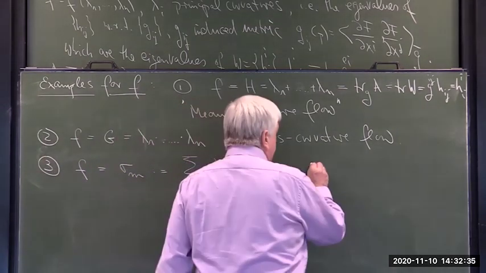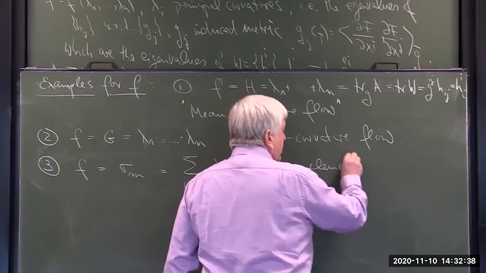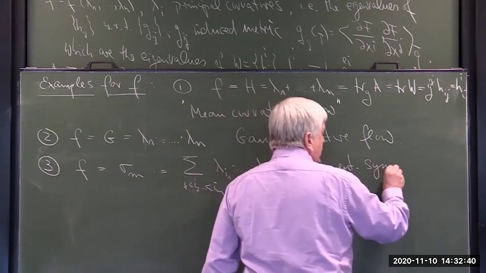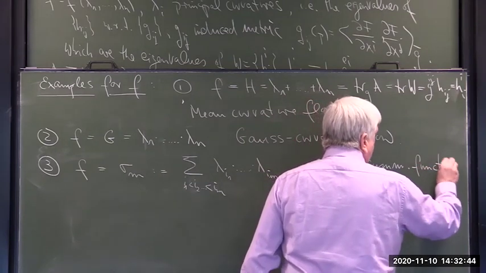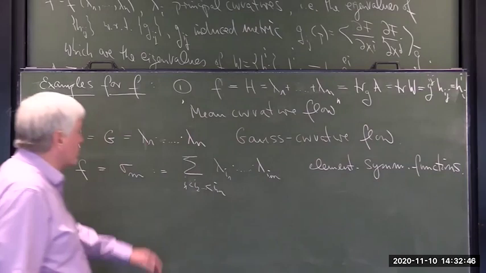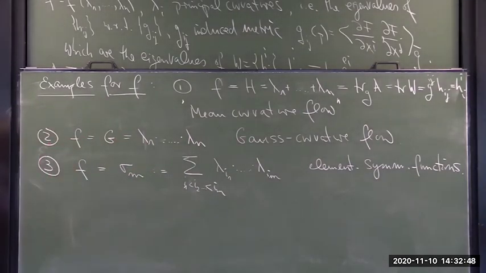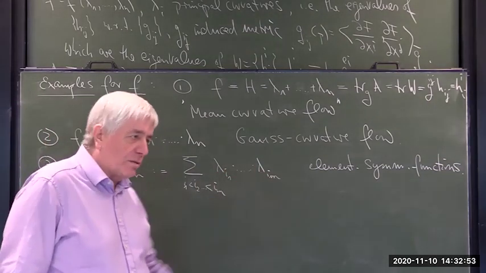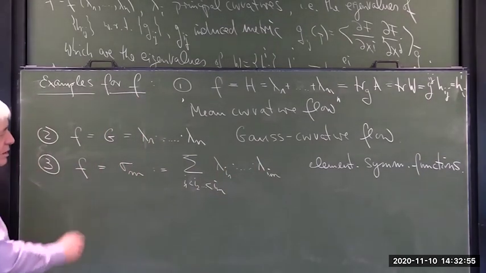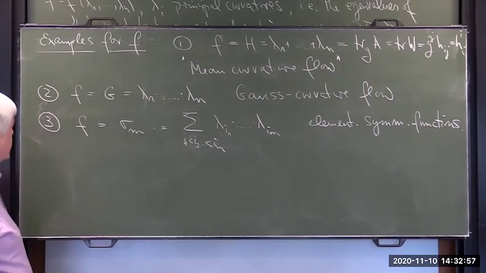So this would be the elementary functions. Now, of course, you could also take combinations of these, or you could take powers of these. So there's a lot of natural flows that you get just from these examples.